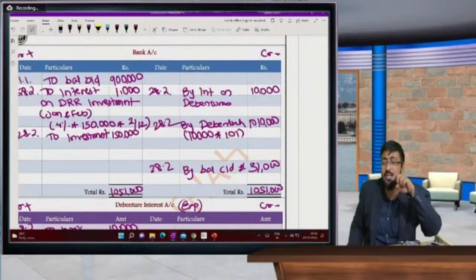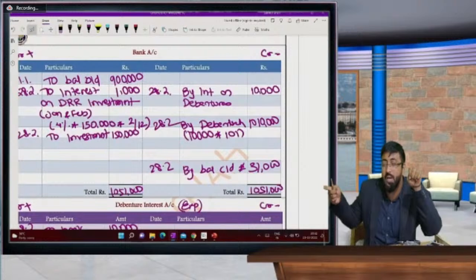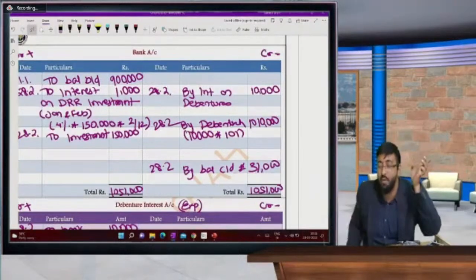So to interest on investment 1,50,000 into 4% into 2 by 12, and you will pay interest at the rate of 6% on 10 lakhs. That is the debentures value. 10 lakhs into 6% into 2 by 12. Then you are going to sell your investment and you are going to pay your debenture holders. So 10 lakhs plus 10,000 you are paying, and the remaining is your by balance carried down, might be 31,000.